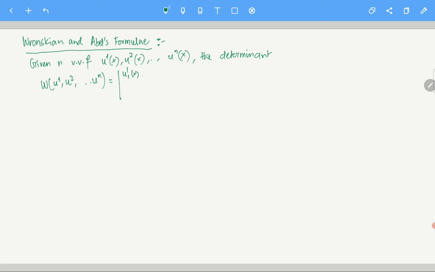Each ui is a function from I to R^n, and hence ui of x is an n-tuple. So you write ui in the ith column: the first component, second component, up to the nth component.